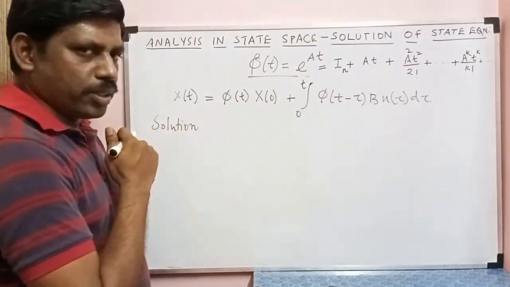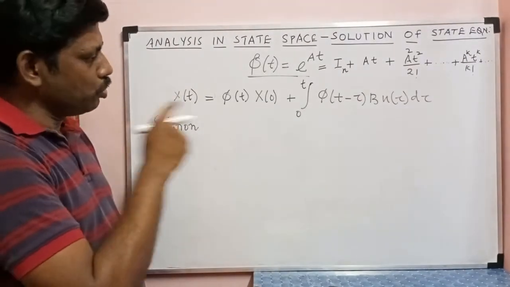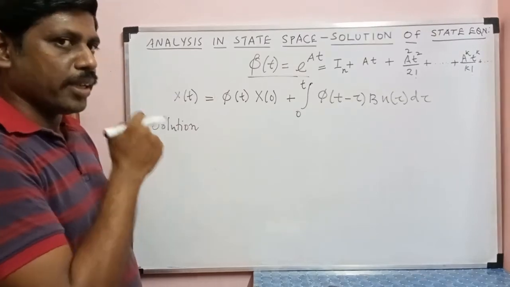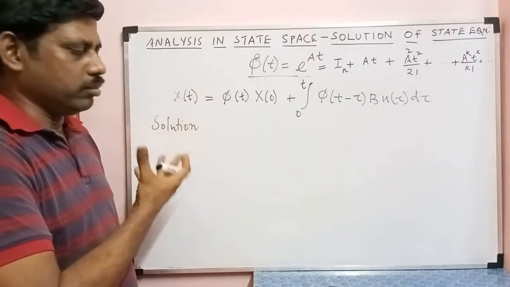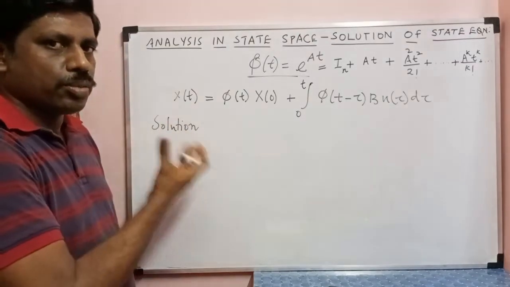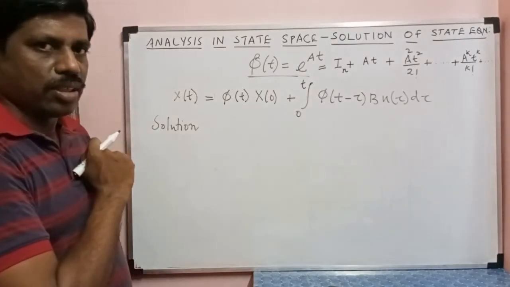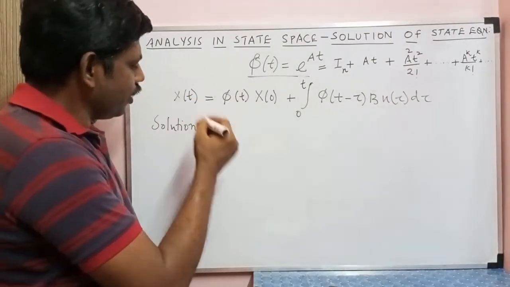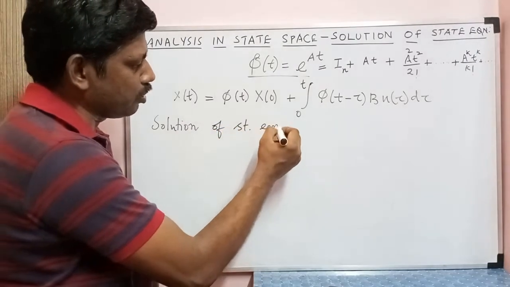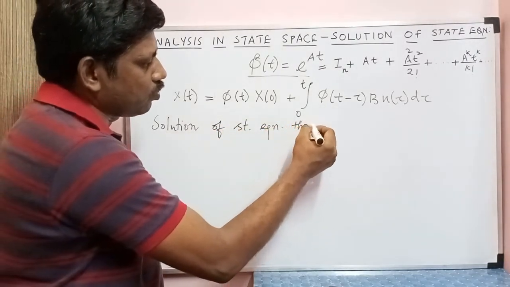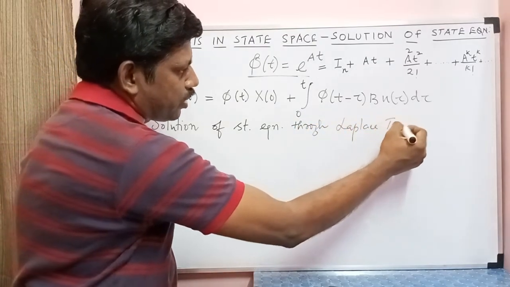So what I'm going to do is solve the same state equation using the Laplace transform, and I'm trying to find out whether the solution obtained through the Laplace transform is going to help me in computing this e power at. So let us try to get the solution of the state equation through Laplace transform.